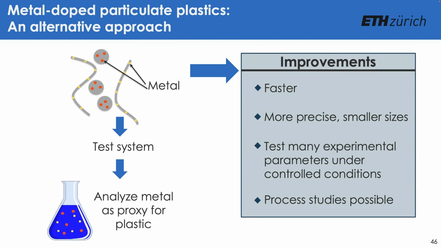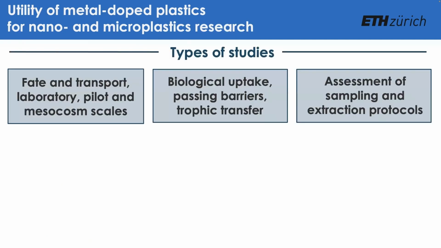And most importantly, we can test many experimental parameters under controlled conditions in a laboratory setting, which makes process studies really possible, to better understand the risk assessment of these as we're assessing it in a laboratory context. The utility of these metal-doped plastics for nano and microplastic research can be put into a few different categories of types of studies.